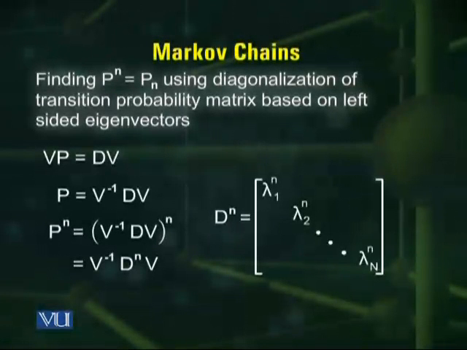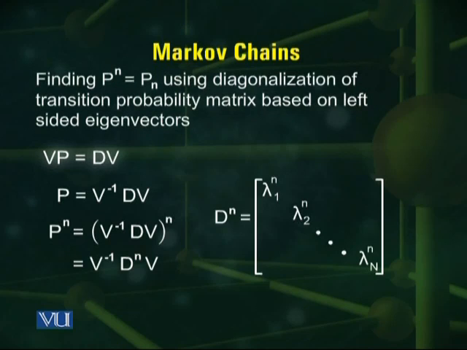So let's have a look at a slide which shows that you can find this higher power of P very simply by representing this P in terms of V inverse D V, where V is a matrix which is all rows of these eigenvectors put one above the other.